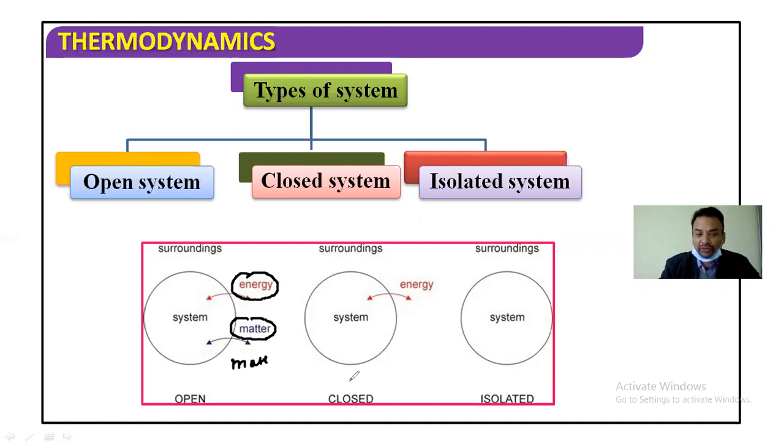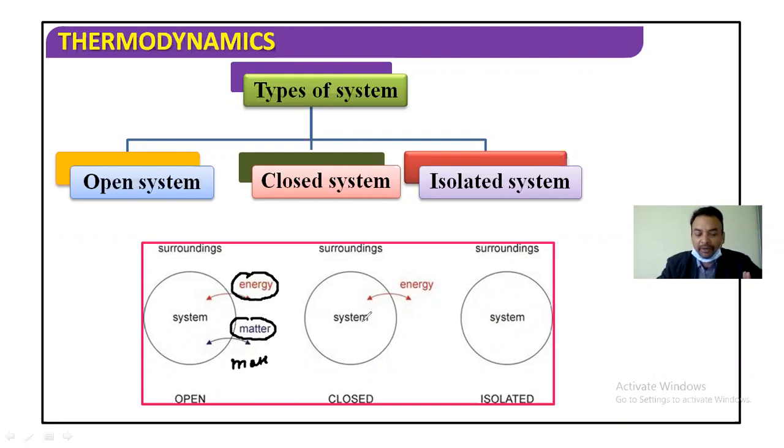Now, what is a closed system? In a closed system, only heat can be exchanged between system and surrounding, but there is no exchange of mass or matter from the system to the surrounding, and vice versa.